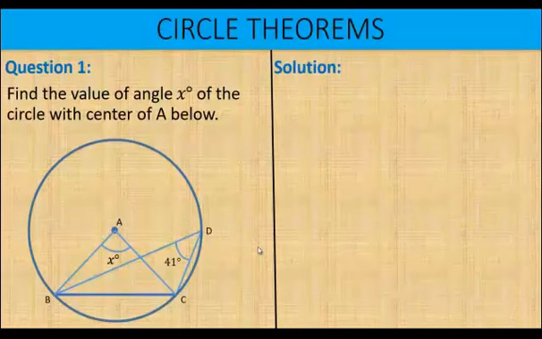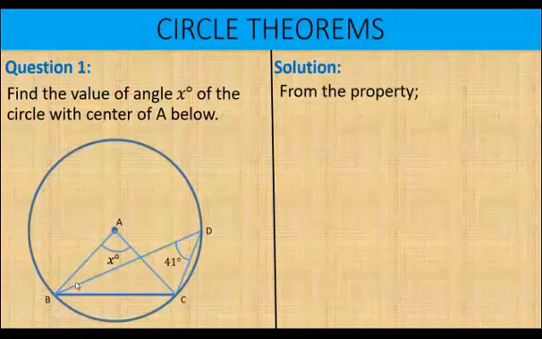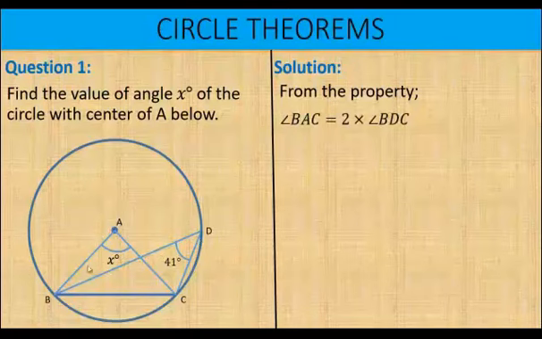To solve this, we know from the property that the angle at the center is twice the angle at the circumference. So from that we can say that angle BAC is equal to 2 times angle BDC, as you see on the screen.